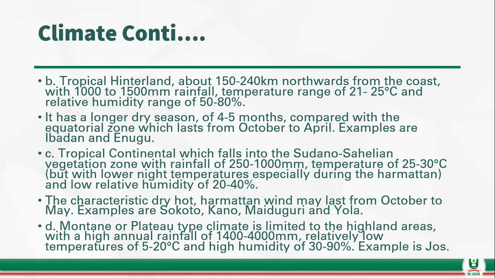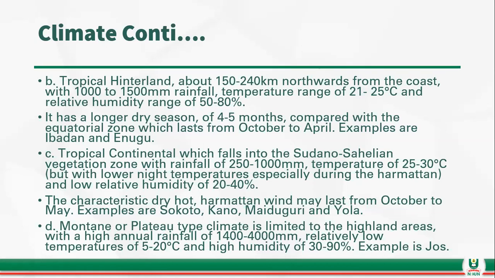If you are around Kano, Maiduguri, or Sokoto this time around, you can testify that the weather is extremely hot because of the very high temperature that is prevalent in those areas.